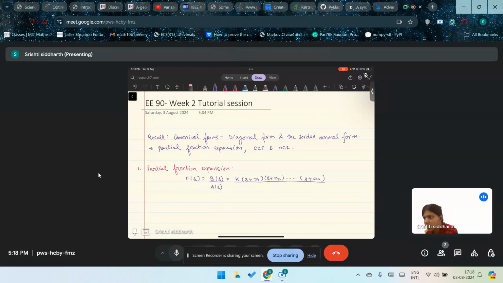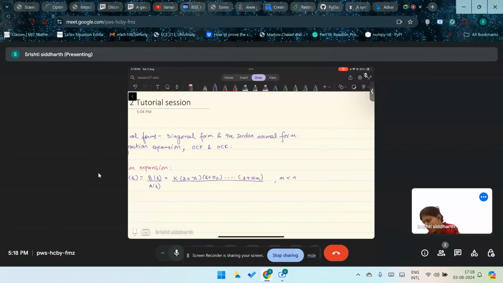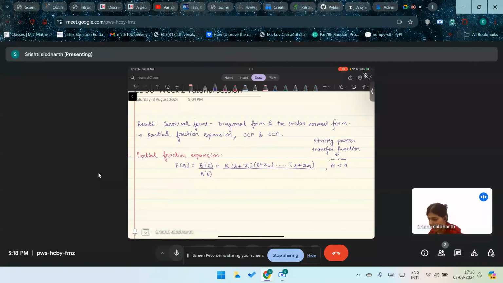We're saying it's an nth order system, and m is less than n. This implies that it's a strictly proper transfer function. Then we have the poles in the denominator: (s plus p1)(s plus p2), all up to (s plus pn).